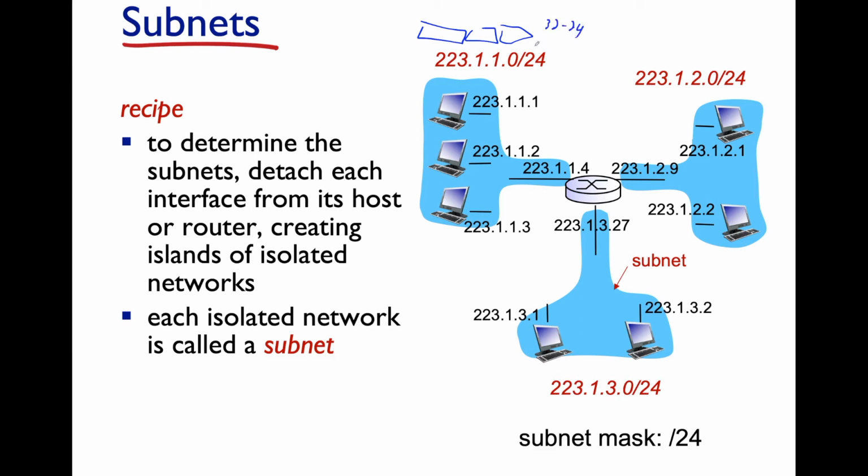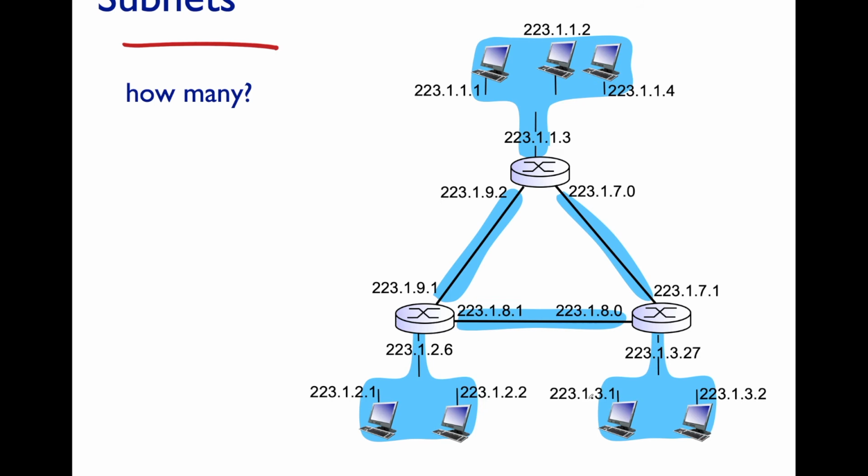The remaining 8 bits are going to be used for the host portion. All right, because here we're dealing with 32-bit addresses. And so here we see the 223.1.2 network with subnet mask /24, and we have the 223.1.3 network with subnet mask /24. All right, so question then for this network, how many subnets do we have?